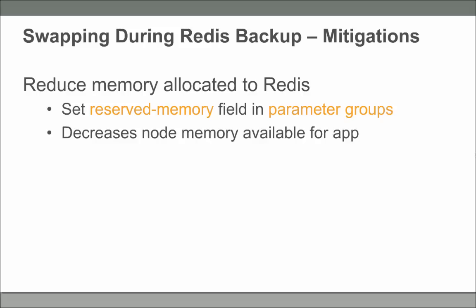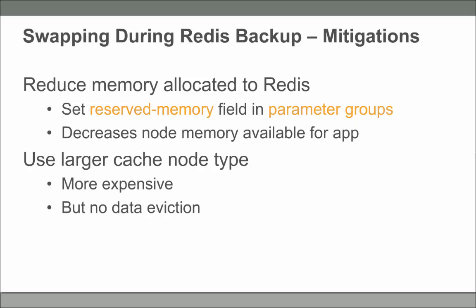If you estimate the total size of your items to be 12 gigabytes, one option is to use an R3 large node that has 13.5 gigabytes, but you don't leave yourself a lot of room for snapshot creation. If your application is write heavy and you anticipate a lot of writes coming in while you're doing that snapshot, then you can use something like an R3 extra large that has 28.4 gigabytes of memory, and then you have enough memory in case you need to do that.